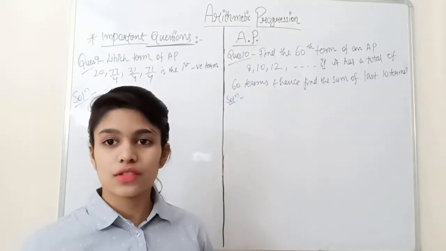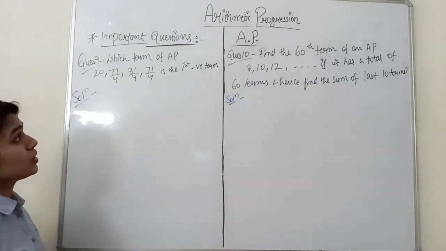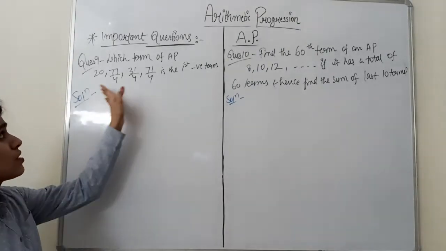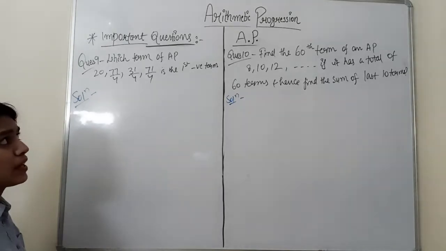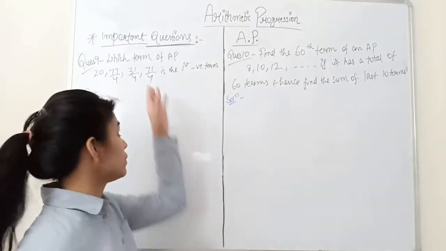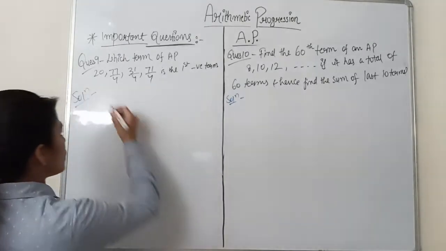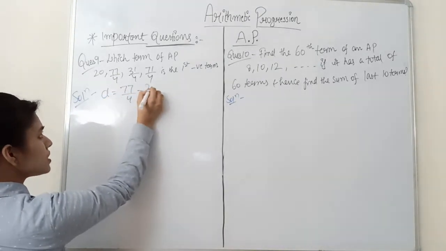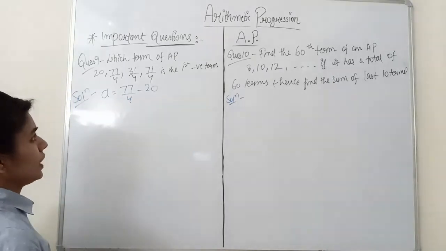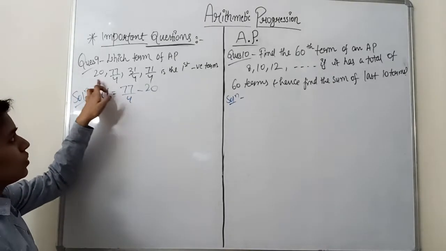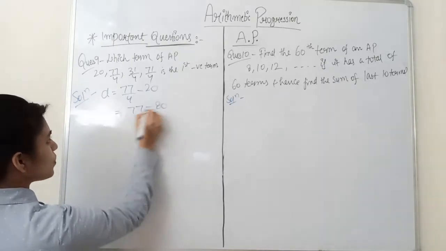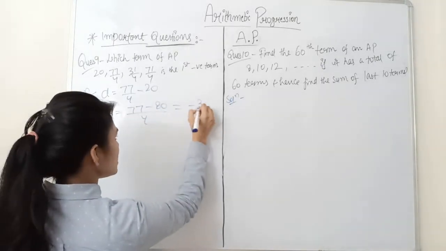Now our next question is, which term of an AP is the first negative term? This is our AP. We have to find the first negative term of this AP. What is D, the common difference? 77 by 4 minus 20, that is A2 minus A1. This is A2, this is A1. 77 minus 80 upon 4 will be minus 3 by 4.